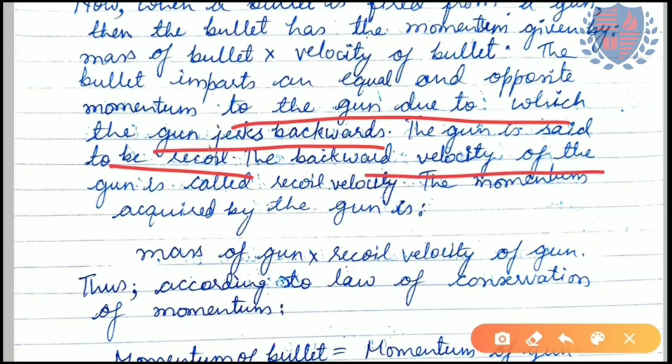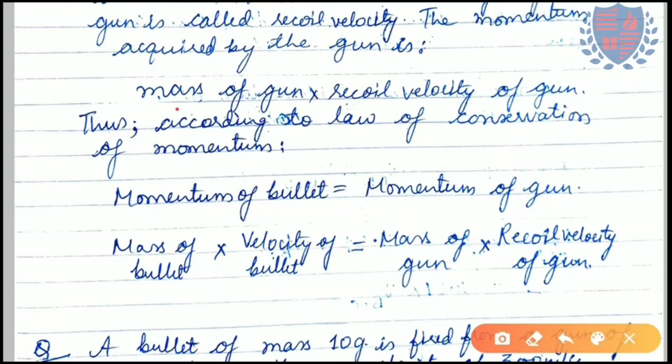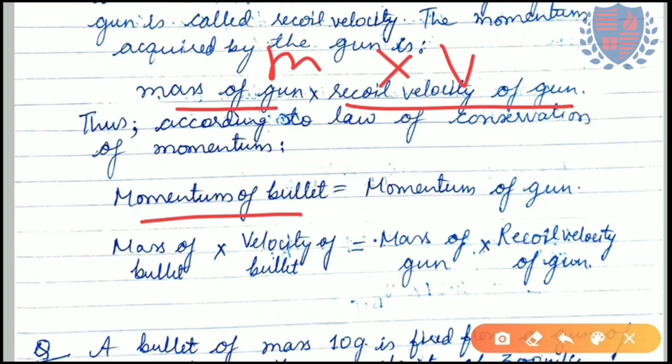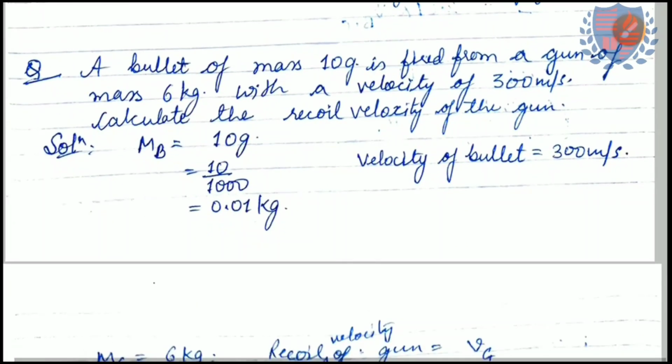The backward velocity of the gun is called recoil velocity, and the momentum acquired by the gun is mass of the gun times recoil velocity of the gun, definitely mass times velocity. So according to the law of conservation, momentum of the bullet is always balanced by the momentum of the gun, hence mass of the bullet times velocity of the bullet is always equal to mass of the gun times recoil velocity of the gun.